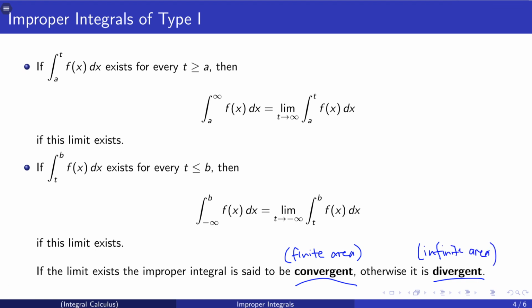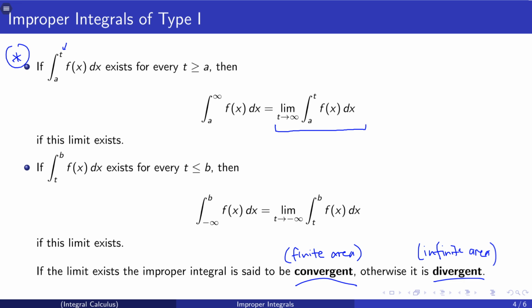And what we basically did in the previous two examples was this first bullet point here: if you cut off your infinite area at t, and put t as the upper limit, and if the limit of that region as t goes to infinity exists, then we will say that this improper integral exists or is convergent.